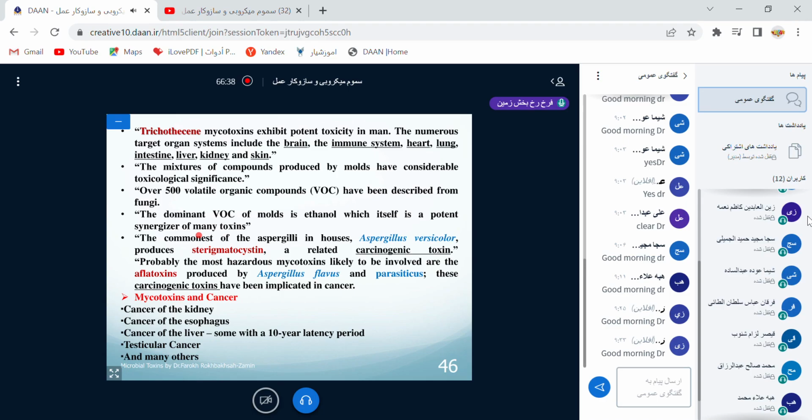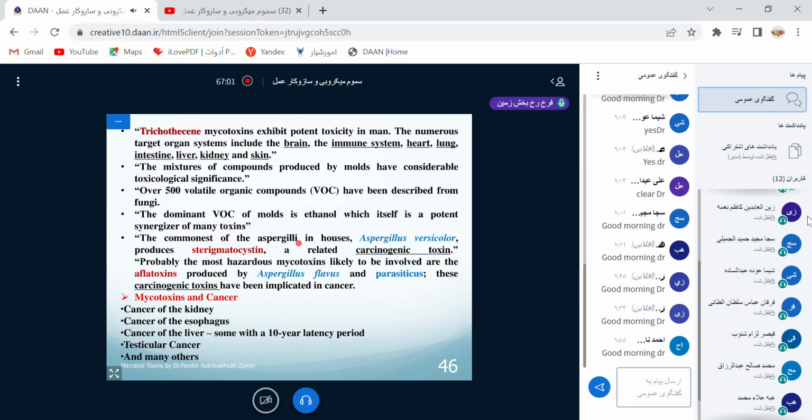So when a fungus produces a toxin accompanied by ethanol, ethanol makes the power of the toxin much greater.